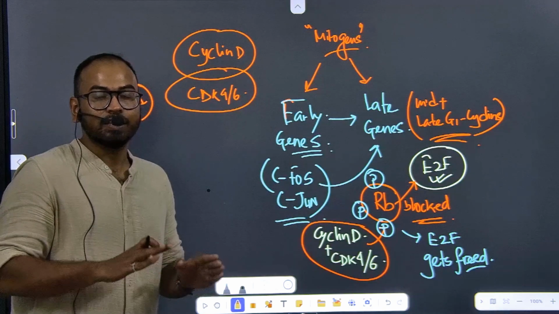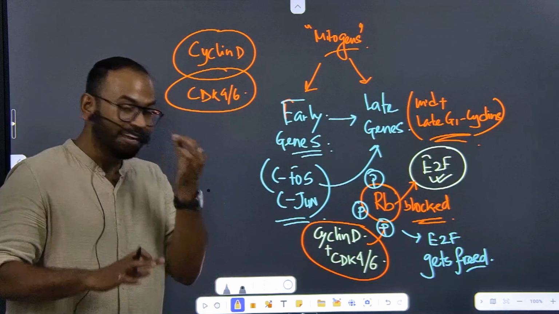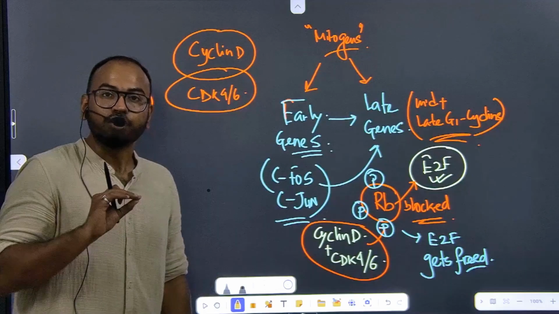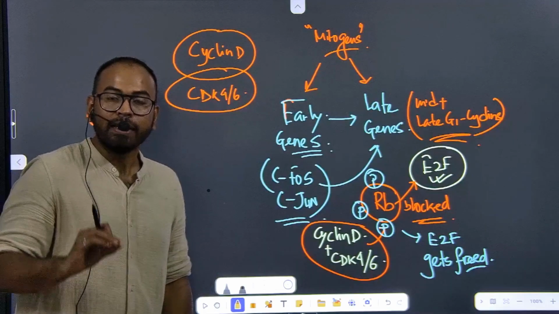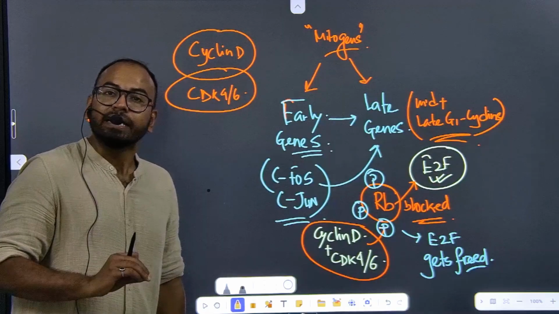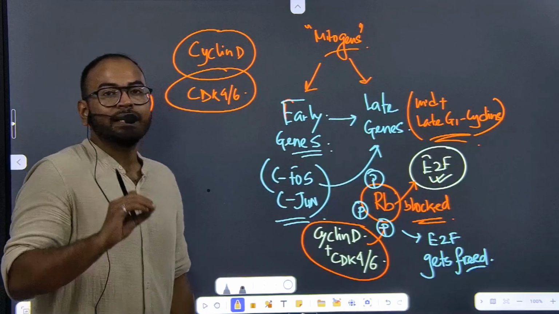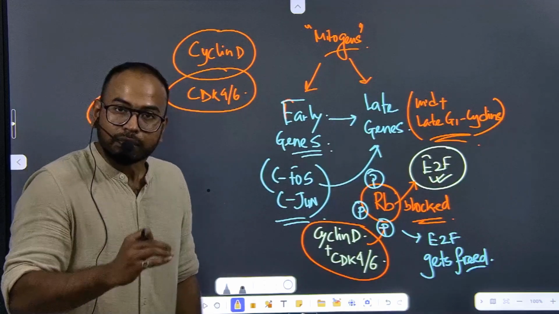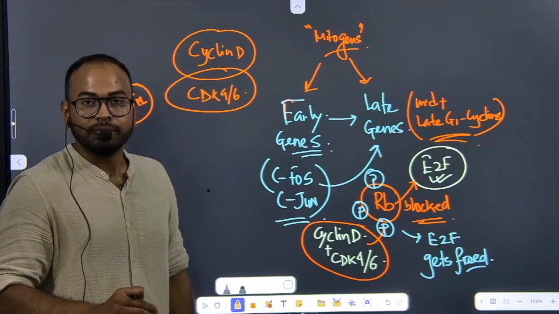So this is the overall mechanism of a cell entering from G0 to G1 in response to mitogens that activate the early genes, which in turn activate the late genes.